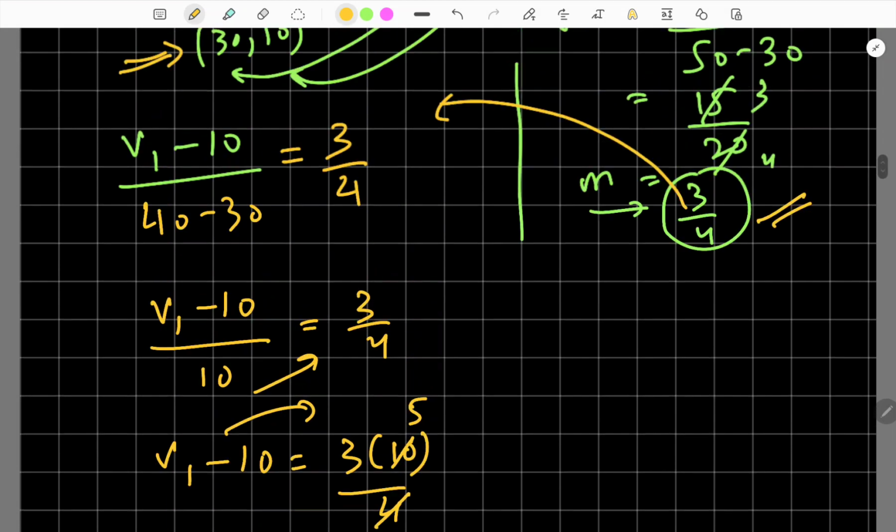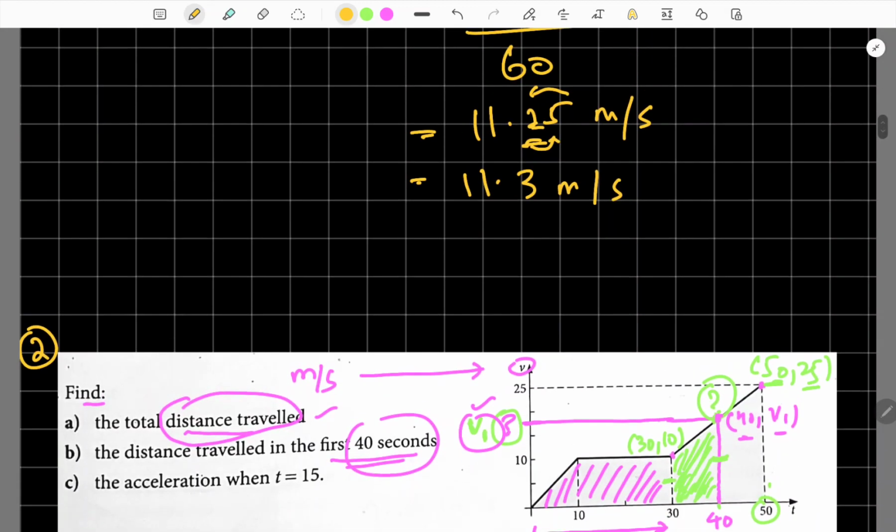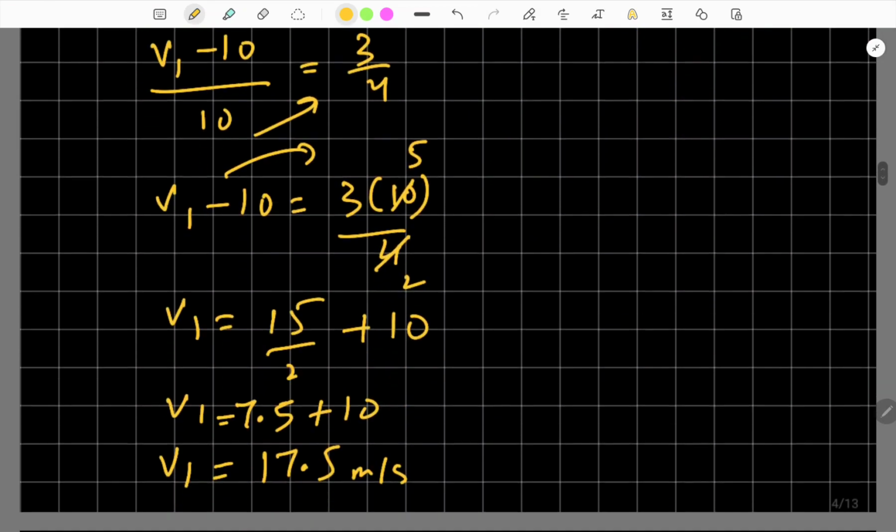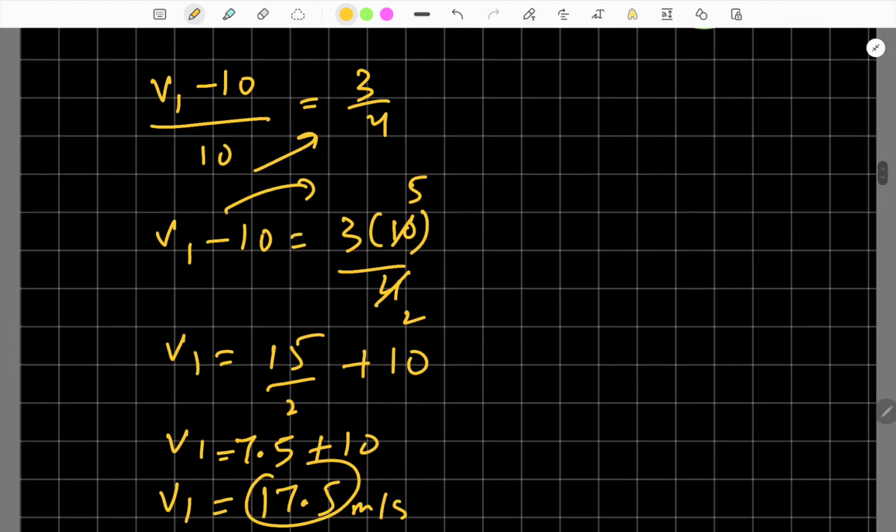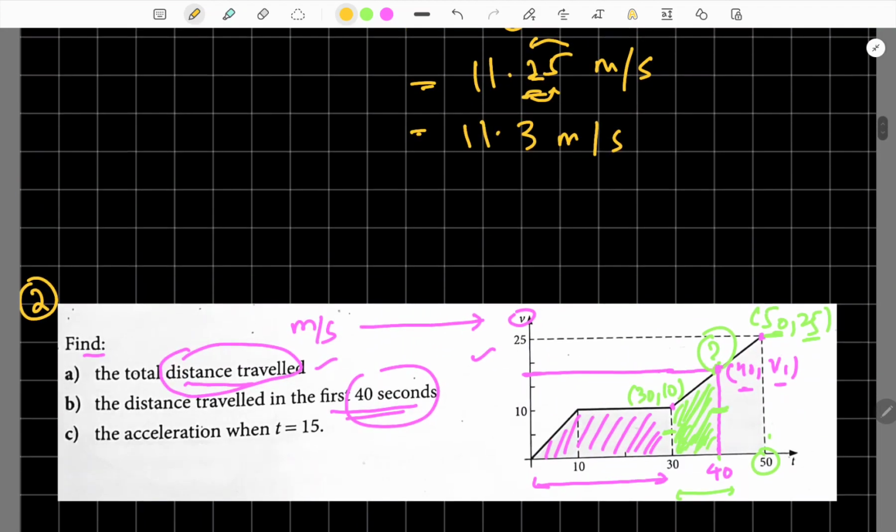ठीक है? इसमें कोई doubt? So this value V1, now that we have calculated, बेटा, now you can write this is 17.5 meters per second, right? Clarity?